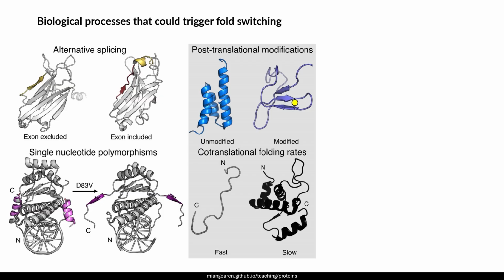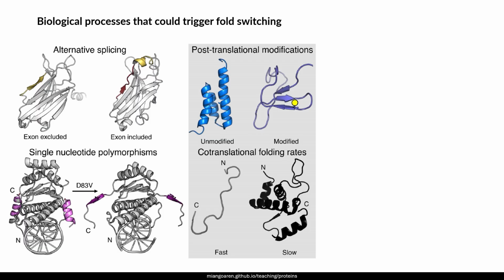Even so, these conformational changes at the level of secondary structure can be triggered by multiple biological processes. Among them, we have mechanisms such as alternative splicing. We also have mechanisms that can arise only due to mutations of a single nucleotide, which are polymorphisms.